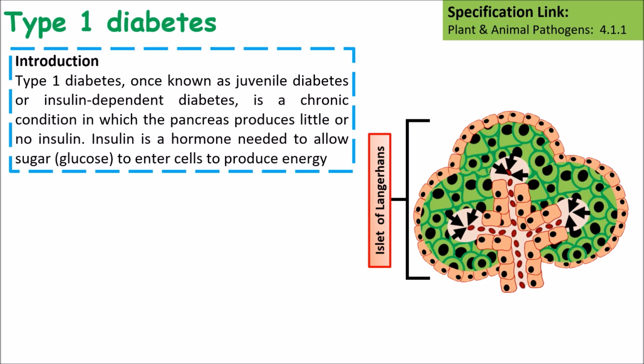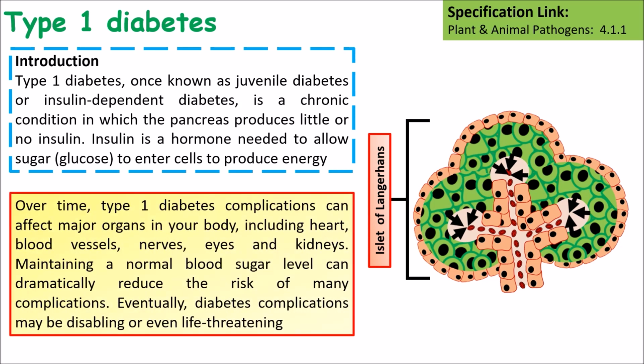The part of the pancreas that's being attacked are these beta cells that we find within the islets of Langerhans in the pancreas. Over time, type 1 diabetes complications can affect major organs in your body, including the heart, blood vessels, nerves, eyes and kidneys. Maintaining a normal blood sugar level can dramatically reduce the risk of complications.